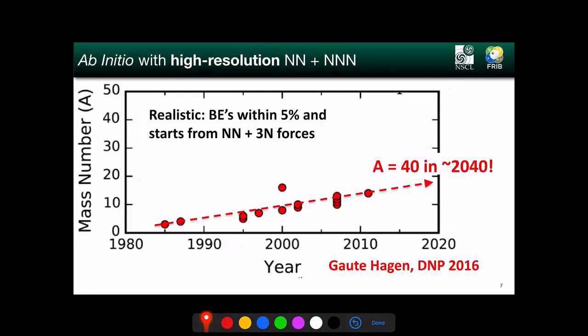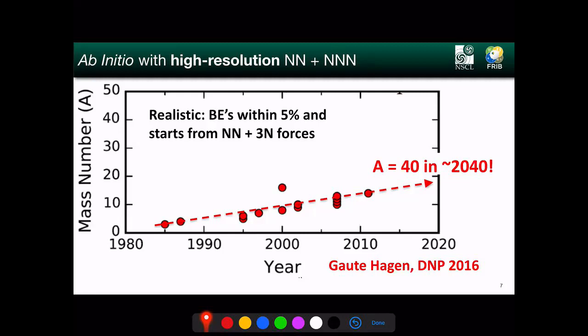And then here's a nice plot from Gautahagen that shows the progress year by year using these high resolution interactions. And the point is that these methods are so hard, or these interactions are so hard, you're pretty much forced to use exact methods like quantum Monte Carlo that scale exponentially or factorially with system size.